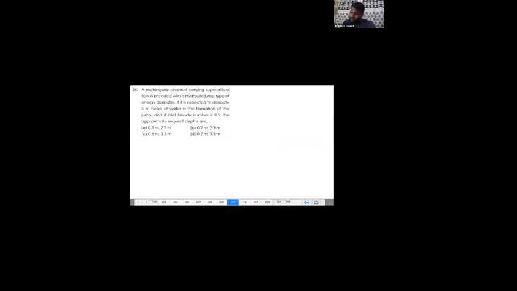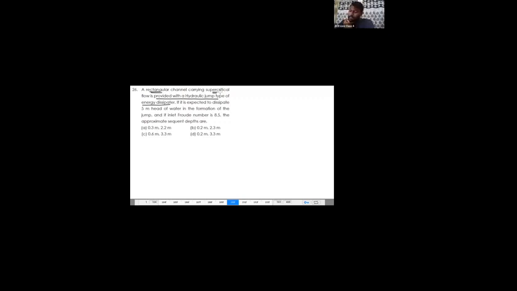So now let's see this question. Question number 26. A rectangular channel carrying a supercritical flow is provided with a hydraulic jump type of energy dissipator. So given is a rectangular channel.